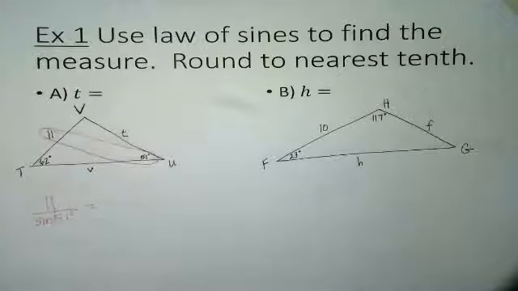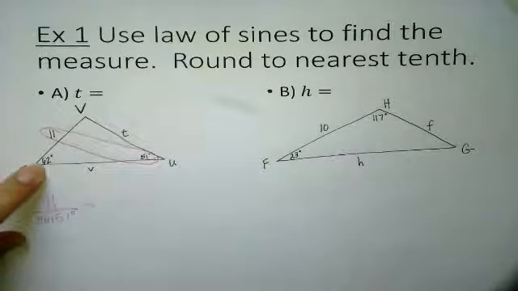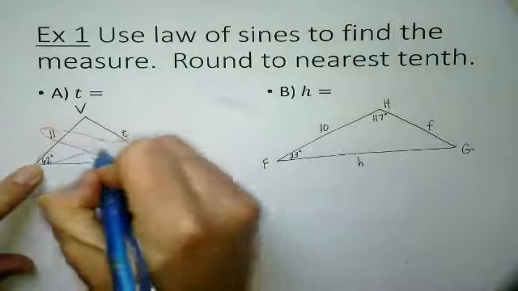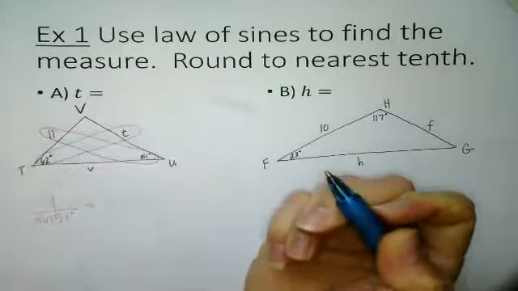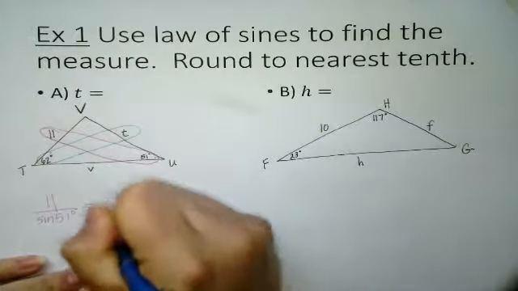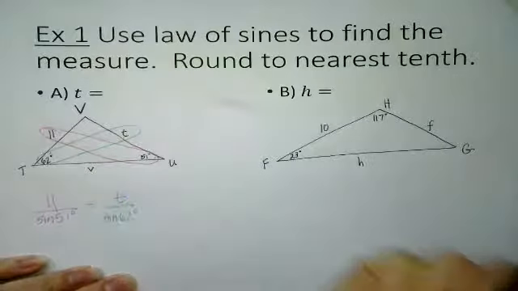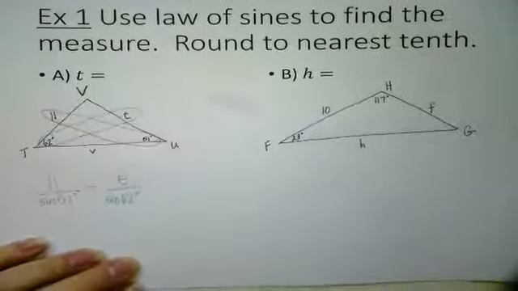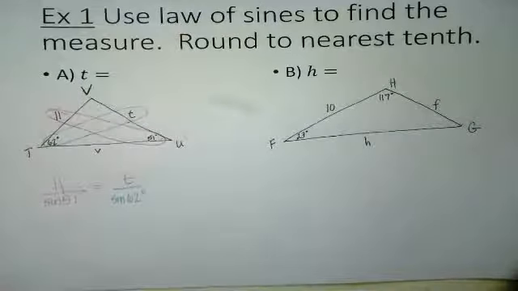Looking at other information that I have, this angle 62 degrees and its opposite side is t. So I could set that up as t over the sine of 62 degrees. Once you've set that up, it's just a matter of cross multiplying.